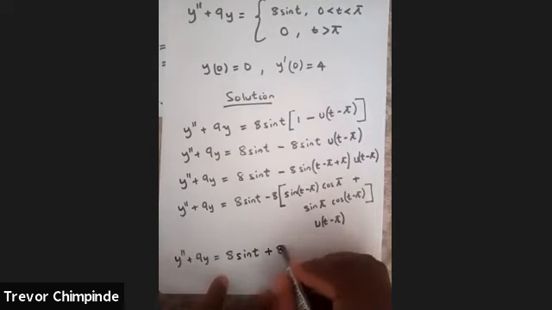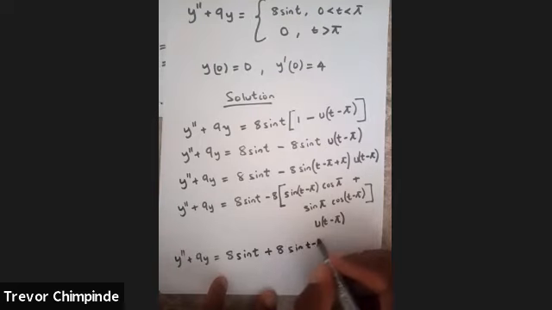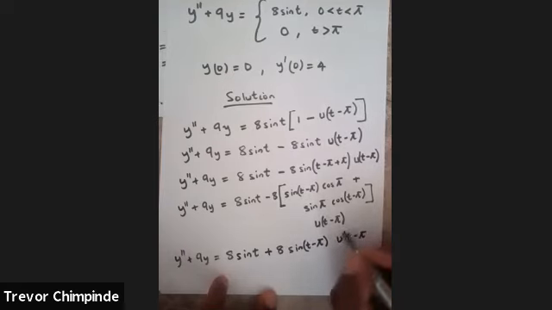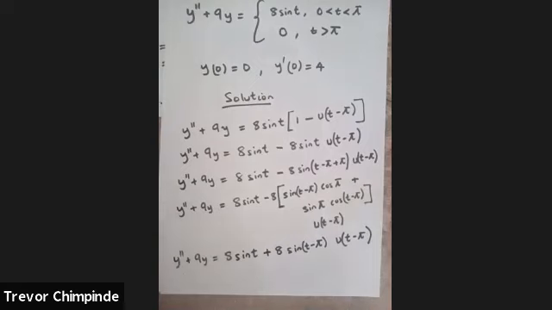So this is 8 sine of t minus pi multiplied by the unit step u(t minus pi). Okay. Is this okay? Any questions here?